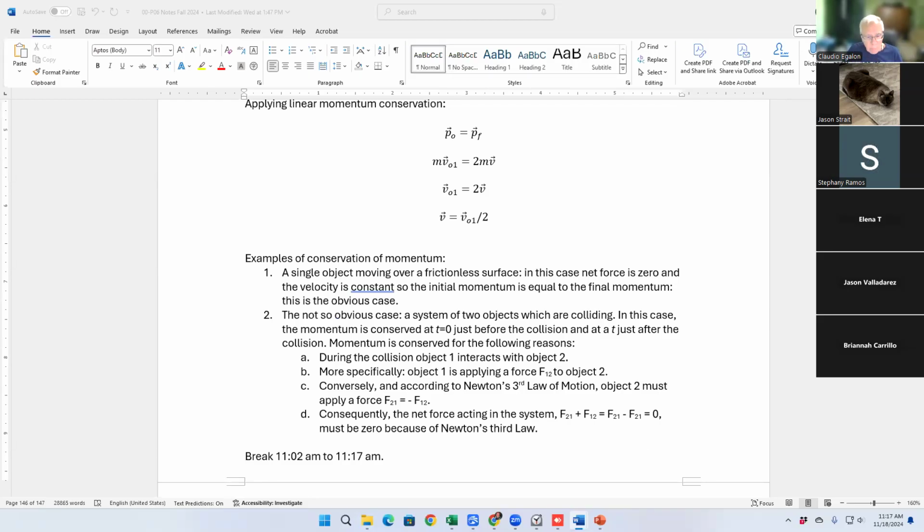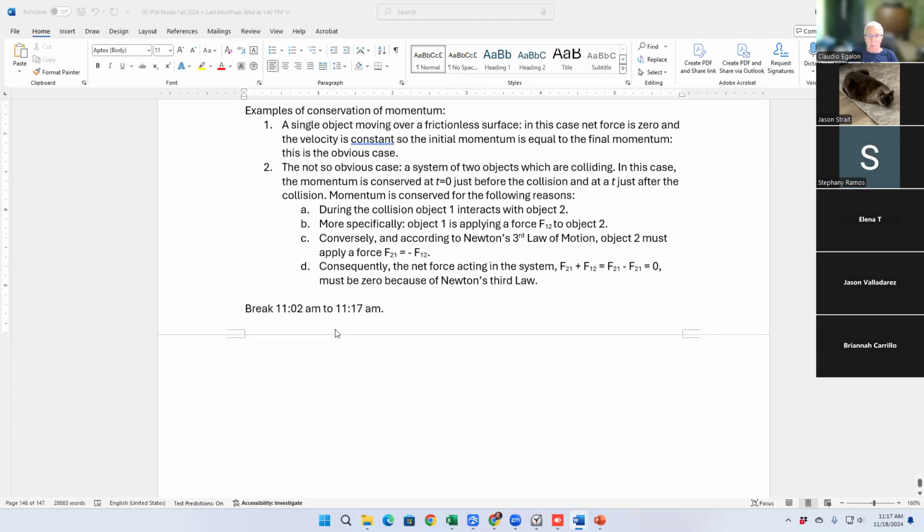Okay, so now we're going to come up with another example here. We did example one. Example one dealt with two masses, two objects of same mass, one moving and the other at rest.